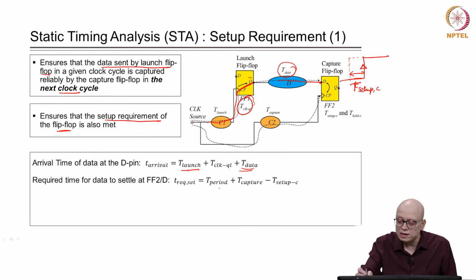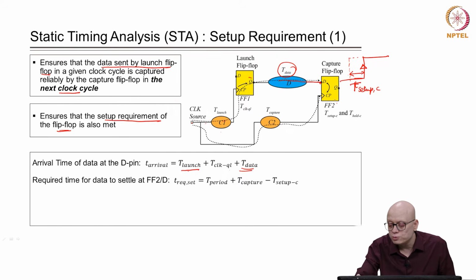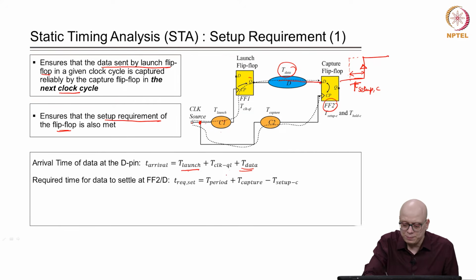So, now when will the next clock edge come? We want that the data that was launched by this clock, this flip flop 1, should get captured in flip flop 2 in the next clock cycle. Now, when will the next clock edge be generated at this point? It will be generated after one clock period, that is what T period is.